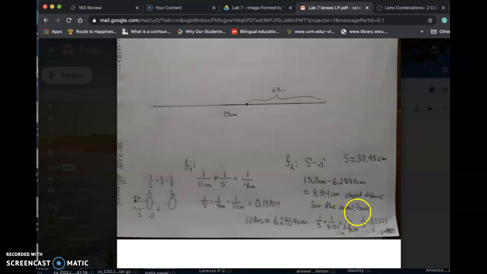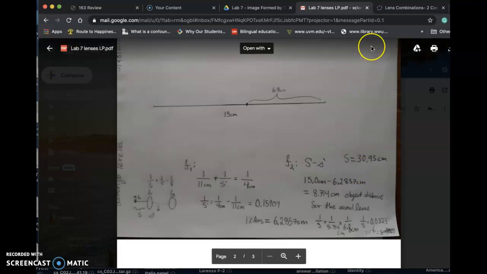From there, we find that 1 over s prime is 0.0323. Then the inverse of this value is 30.95 centimeters, which is then to the right of the second lens.